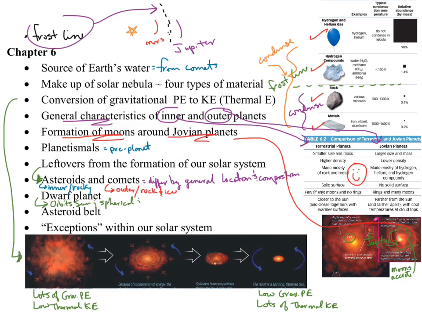Okay, I basically said a dwarf planet orbits the sun, and it's spherical, but it has not cleared its own orbit. And the asteroid belt is pretty straightforward. The asteroid belt is basically where the frost line is. The asteroid belt is asteroids located between Mars and Jupiter.